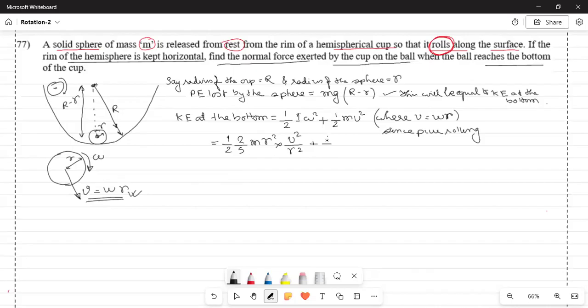Plus half m v square. Here this 2 and 2 get cancelled, and this r square and r square get cancelled.